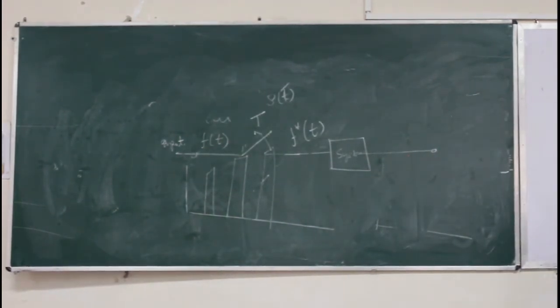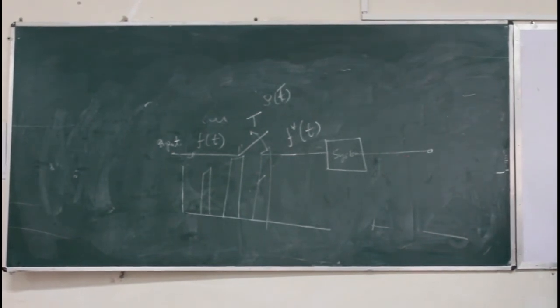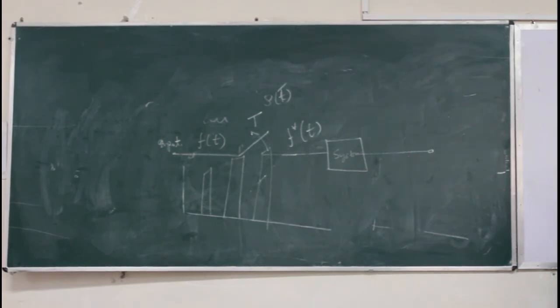With this much background, for an ordinary practical sampler there will always be a time duration T, but generally we handle all the problems mathematically with the ideal sampler. An ideal sampler means that we are giving impulses rather than pulses. Practically there is always a pulse with duration T, but ideally, when we handle the numerical problems, we will always consider an impulse sampler, existing at a particular time, not for a particular duration.